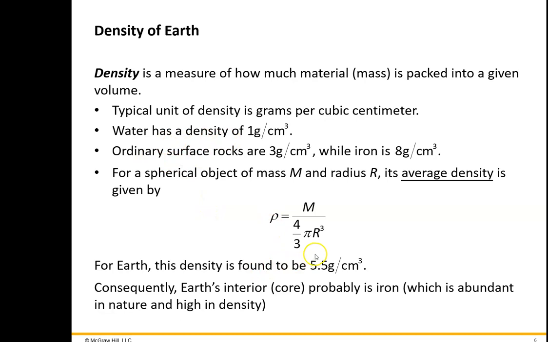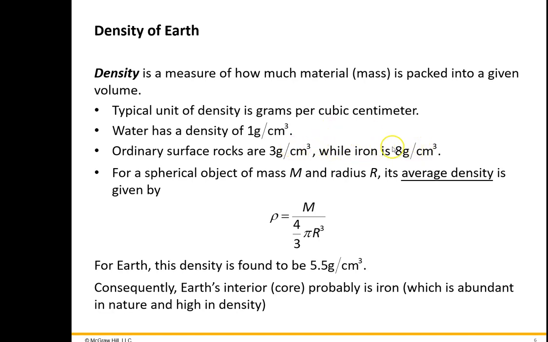The overall density of the Earth is about 5.5 grams per cubic centimeter. You pick up the average rock on the surface of the Earth, and the density of that rock is around 3 grams per cubic centimeter, sometimes a little more, sometimes a little less. And if you take a solid piece of iron, the density is about 7.9 grams per cubic centimeter.